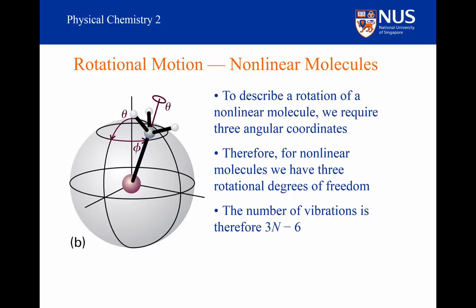This means that for a nonlinear system, the number of vibrations is once again simply the number of degrees of freedom, which is 3n, minus the number of translational and rotational degrees of freedom. This will be 3n minus 3 for the translations and minus 3 for the rotations. Overall, therefore, a nonlinear molecule has 3n minus 6 vibrations. This means that nonlinear systems have one fewer vibrations than linear systems with the same number of atoms.